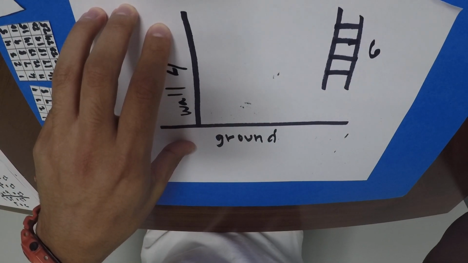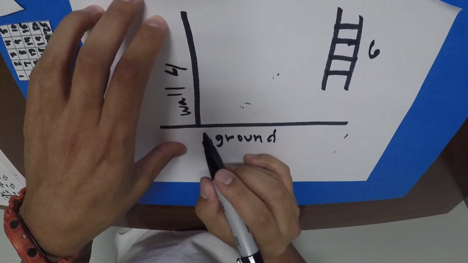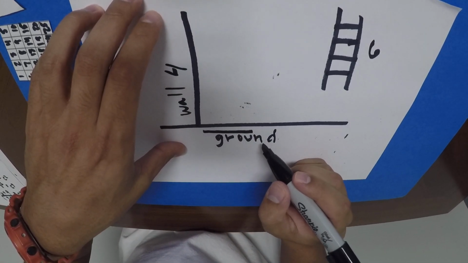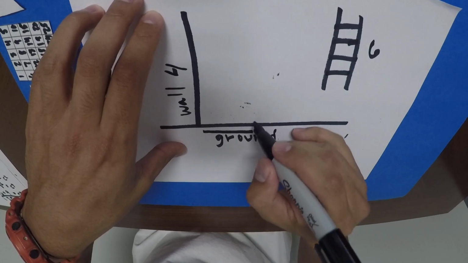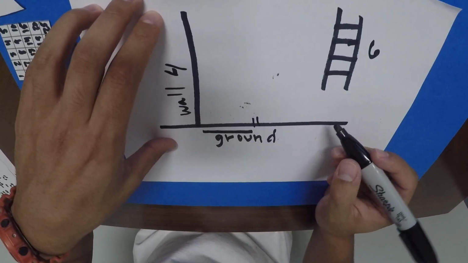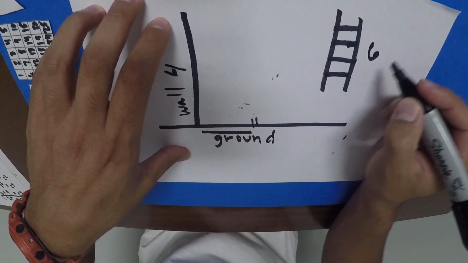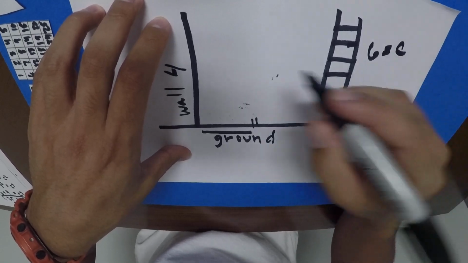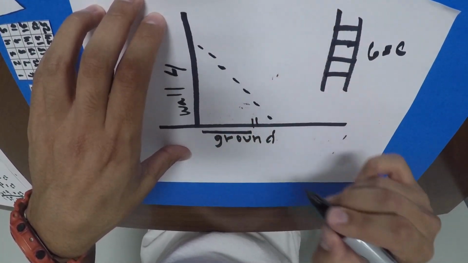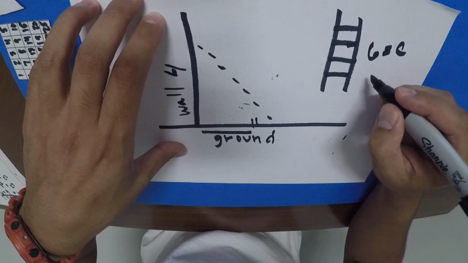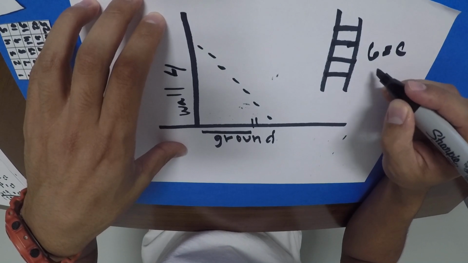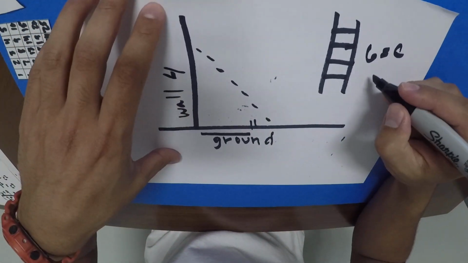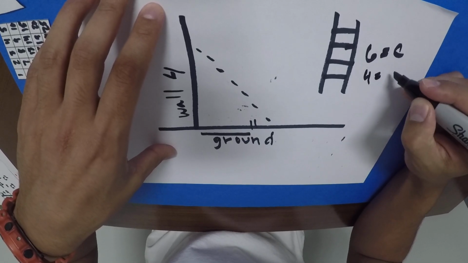So we want to find out what will be the appropriate length on the ground where the legs should go, right? Given C, because 6 is going to be C because it's going to be leaning, and given A or B, whichever you choose to call it, we'll just call it A for now.